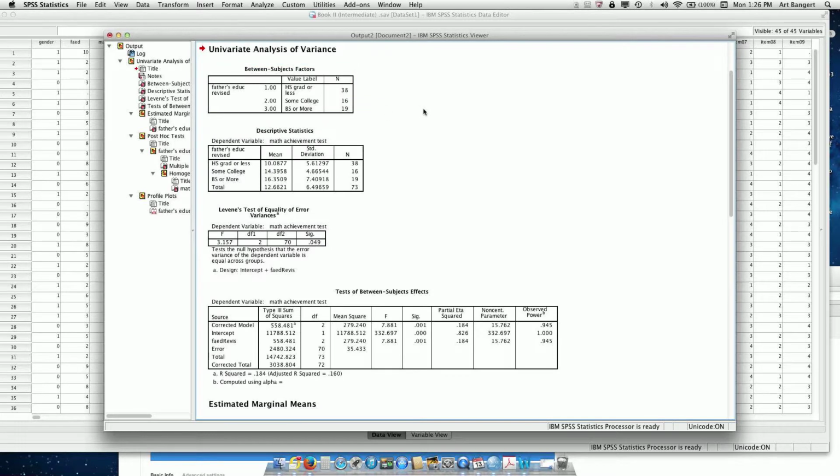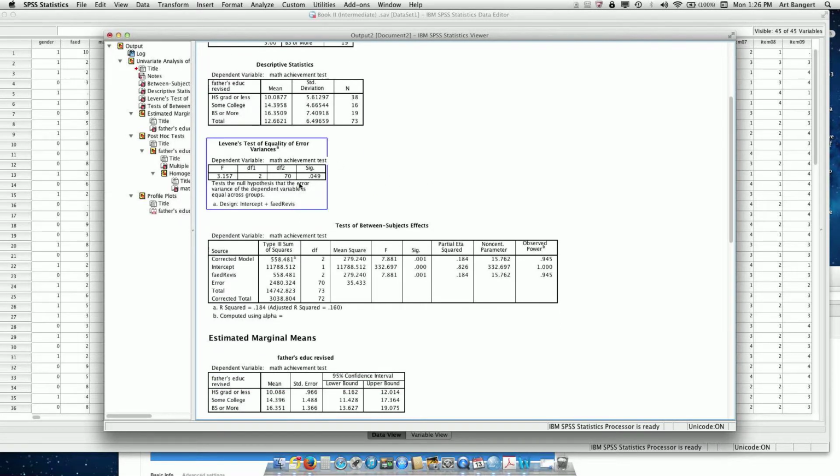And one of the things you should always do when you look at your output is to check to make sure these numbers agree with what were in the original data set, because if they don't, that means you coded the data wrong. And then in this table, we have the mean math achievement score for each father's education level, for the students in each father's education level, and the standard deviations.